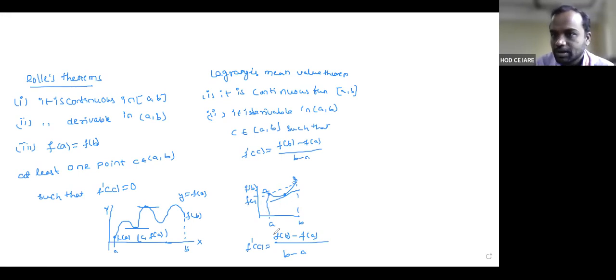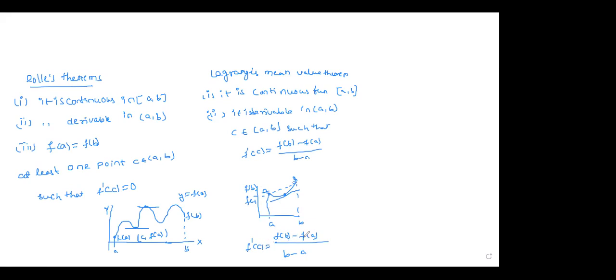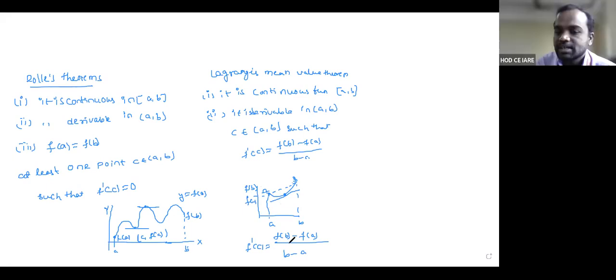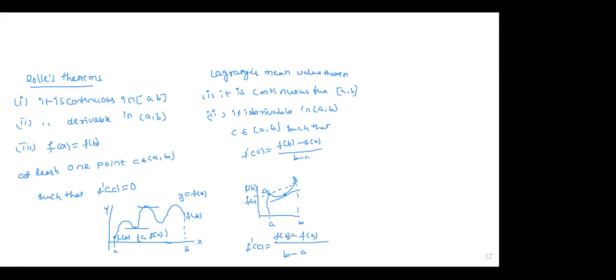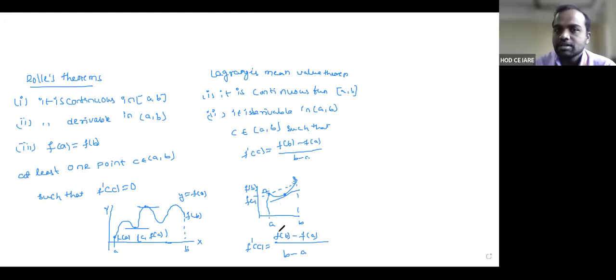The slope of the curve is f dash of c, and f dash of c is equal to the difference in the y axis, f of b minus f of a, by the difference in the x axis, b minus a. Taking the point a and the point b, with f of a and f of b, the slope of the curve is f dash of c equal to f of b minus f of a by b minus a. This is the geometrical interpretation of Rolle's theorem and Lagrange's mean value theorem.